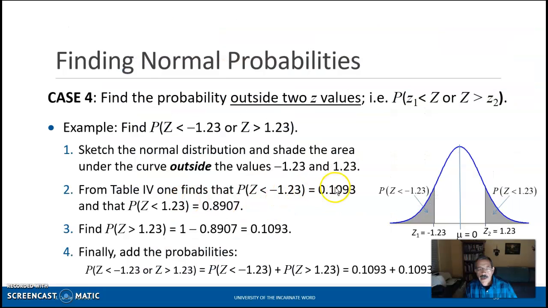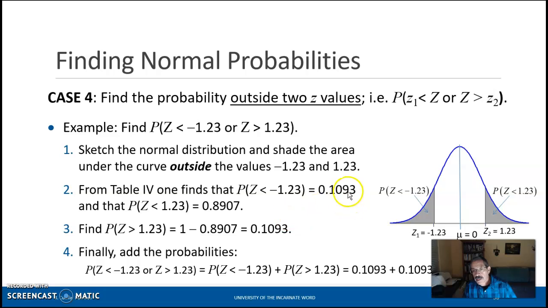Now the probability less than 1.23, which is the complement of this probability, is 0.8907. So the probability to the right of z of 1.23 is 1 minus the probability to the left, which is 0.1093.